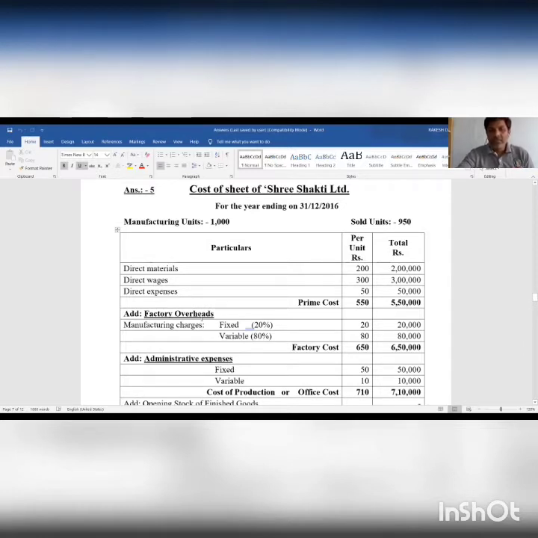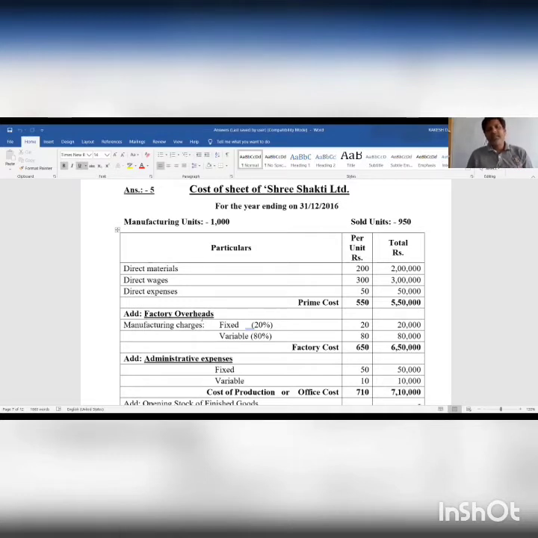Now we have to add factory overheads. As per the data given in your question, there are fixed and variable factory overheads. In factory overheads, there are manufacturing charges or manufacturing expense, total rupees 1 lakh, but out of 1 lakh, 20% is fixed.